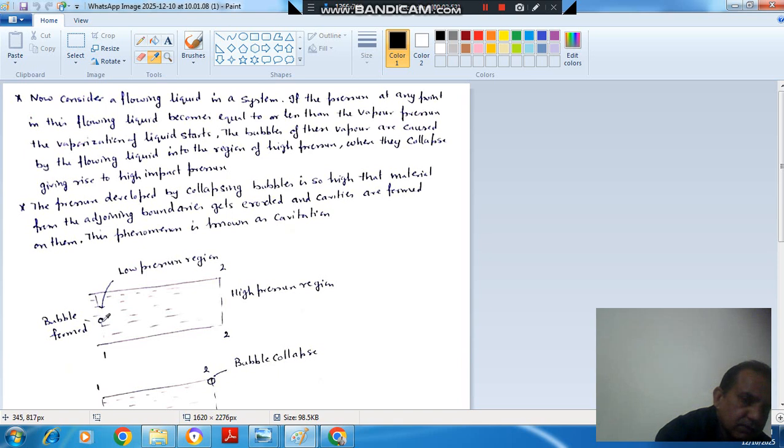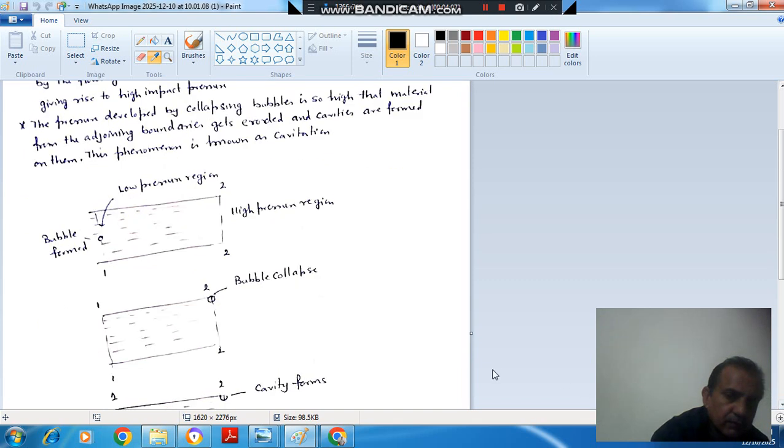When these bubbles, flowing with the water, reach the high pressure region, suppose region 2, they have the tendency to collapse. And when these bubbles collapse, high pressure water will enter into them and cause a cavity in the material. So this is called cavitation.